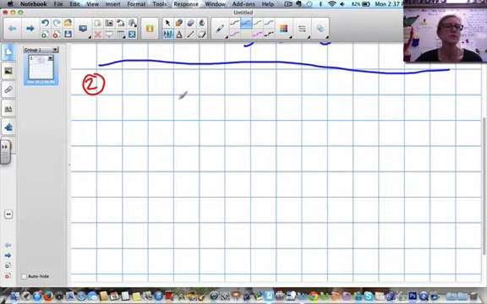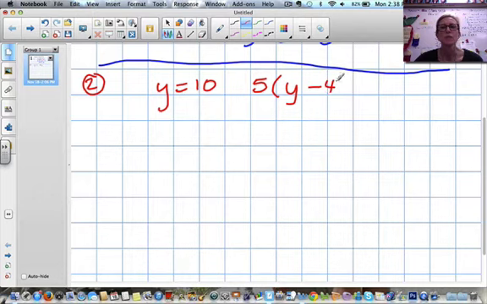So the problem is, if y is equal to 10, then what is, and I'm going to write down the problem here: 5 times the quantity y minus 4, in parentheses, divided by 2, equals what? Remember that anytime you have a 5 next to a number in parentheses, you're going to multiply whatever's inside the parentheses with the number on the outside.